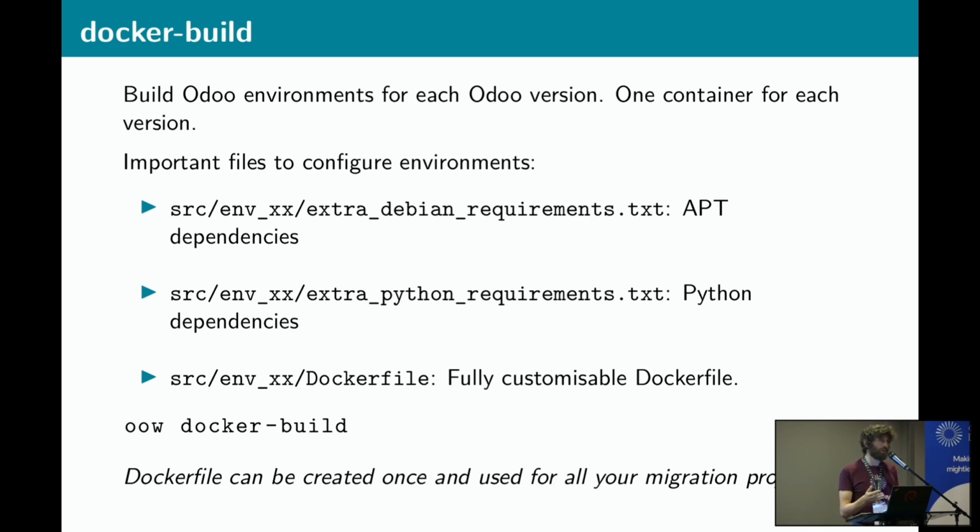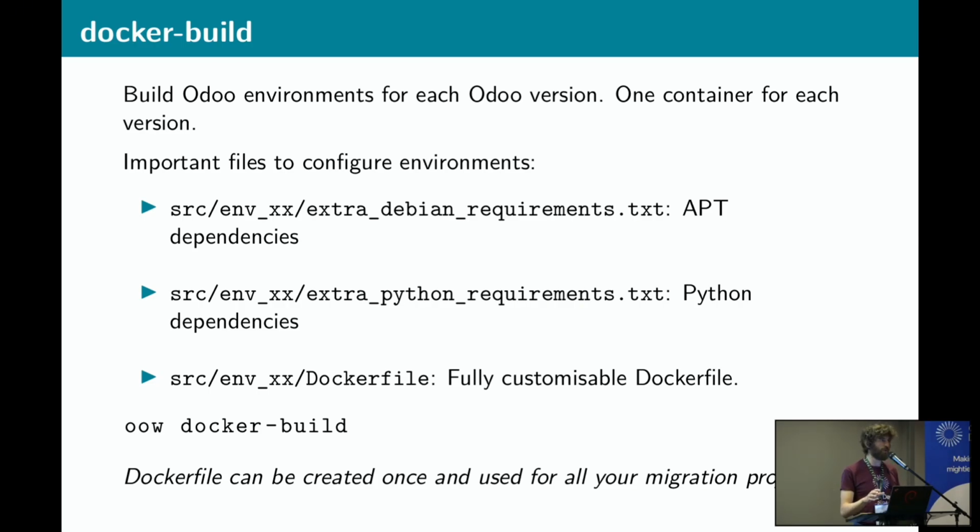And as it uses Git aggregator, you have to list all the dependencies from the OCA modules. You have to do that by hand or by script to get all your Python dependencies for your environment. Then you can build, and it will try to build an environment. If it doesn't succeed, or if you want to configure it more, just look at the Dockerfile in each environment, and you can fully customize it, like running any commands you want to get your environment running. Do that for each version.